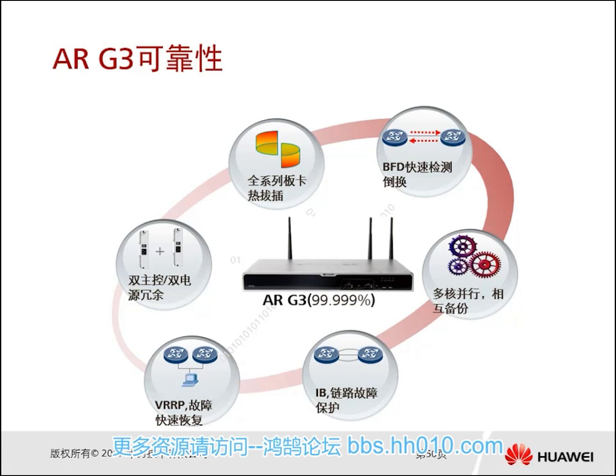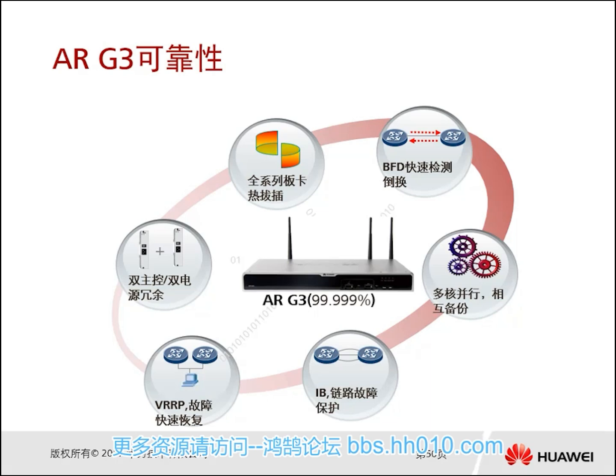Then there is also multi-core parallel mutual backup. This is also a redundancy concept. Then there is protection for link failure and fast recovery of VRRP failures. VRRP virtualizes some gateways, to achieve quick switchover of a service after a fault occurs. So this is about its reliability.